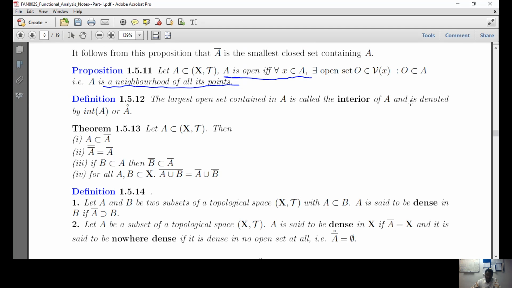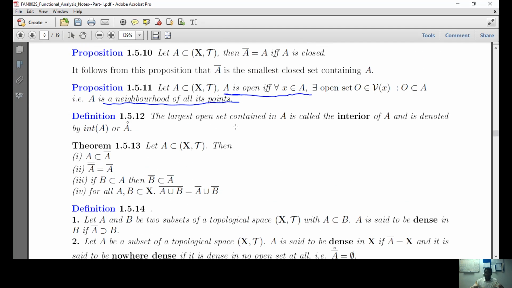Interior of A is denoted this way. And what is interior? They say the interior is the largest open set contained in A. Because when you say it's interior, it has to be inside. The interior of A has to be inside of A, but it has to be the largest open set. So the interior of a set is an open set because it's the largest open set contained in that set.